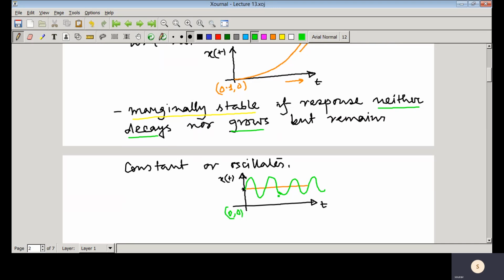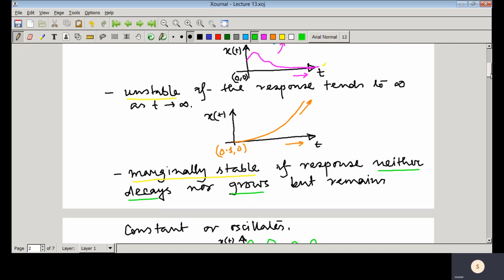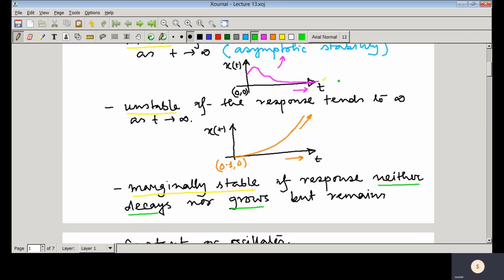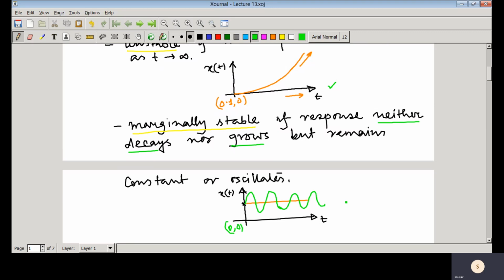So we have seen three different notions of stability of linear time invariant systems in the natural response framework, that is stable, unstable, and marginally stable. And we have seen the typical time response behavior of that system. So this is the stable behavior, this is the unstable behavior, and this is called the marginally stable behavior.